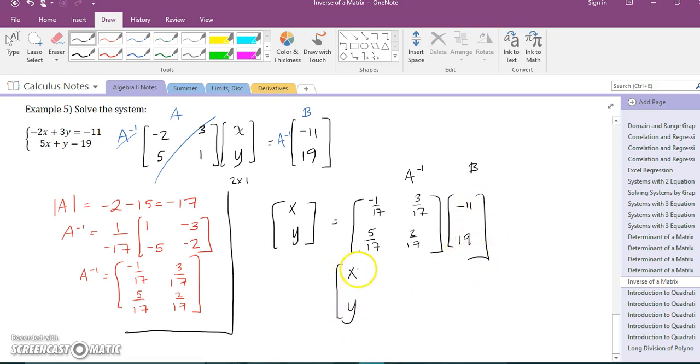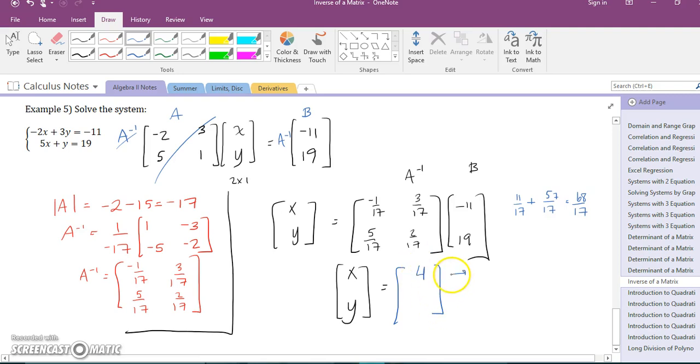So fraction time. Let's see, I have -1/17 times 11. That's -11/17 plus 3/17 times 19. That's 57/17. And then that would be 68/17, which ends up actually being a nice number, 4. So that's my x.